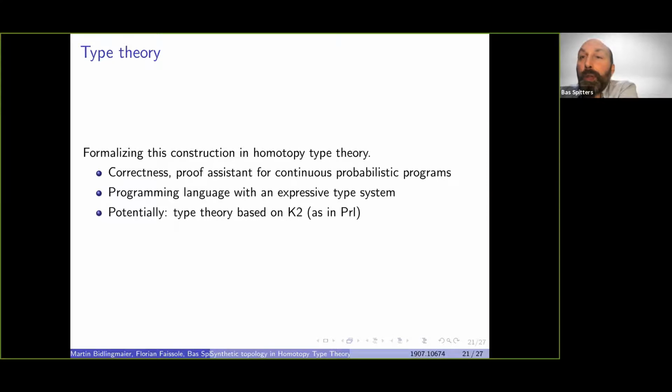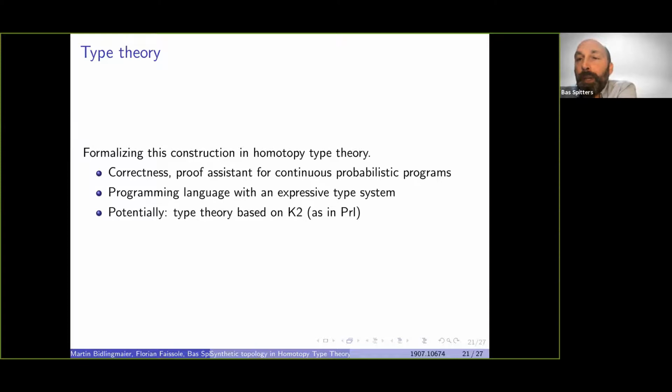Type theory obviously gives you a programming language, but in this case, it also gives you a programming language with a very expressive type theory. One thing we need to do in a natural way is we've added a few axioms to type theory, the ones that either hold in topological spaces or in the topological topos or in K2.